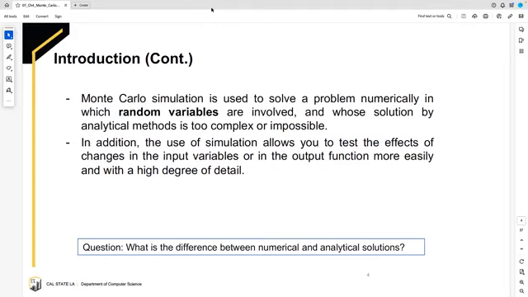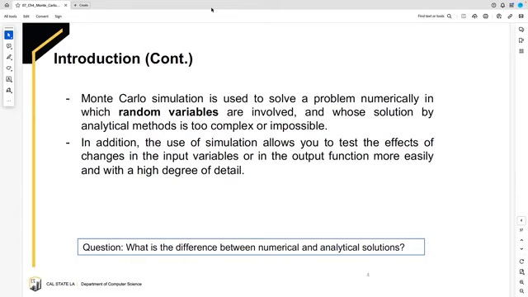For example, if f of x equals x squared, we know that the integral is what? The integral of x squared is x cubed over 3. Yes, it is 1 divided by 3 times x cubed, right? That's what we know from math, and that's an analytical solution for that integral.